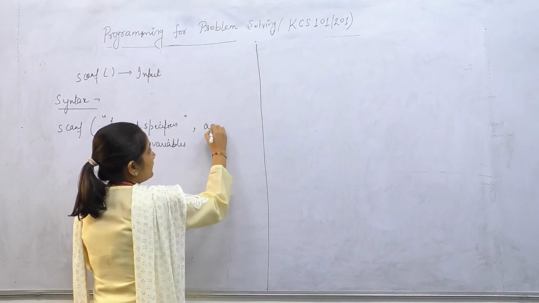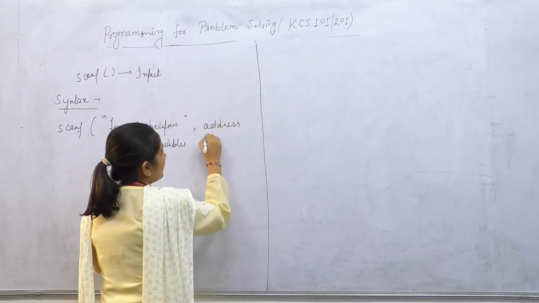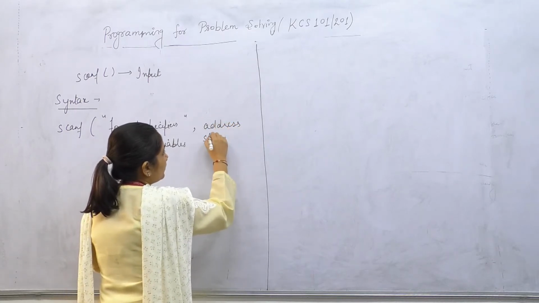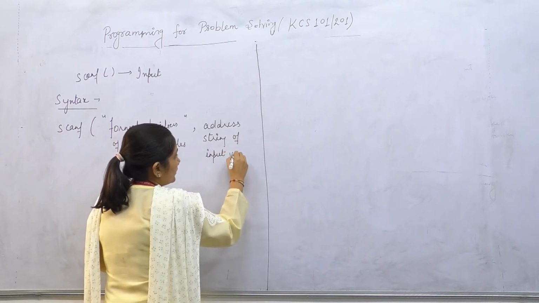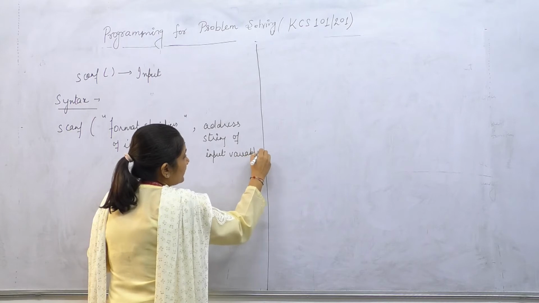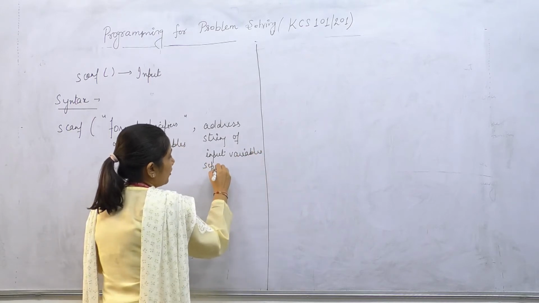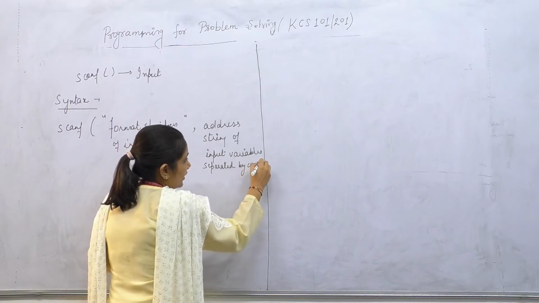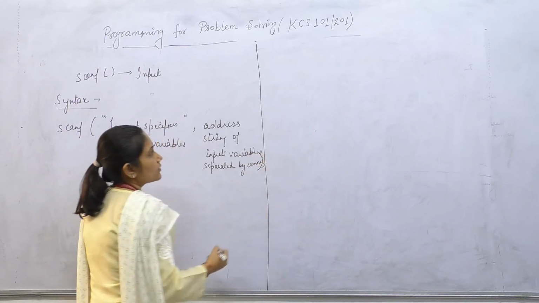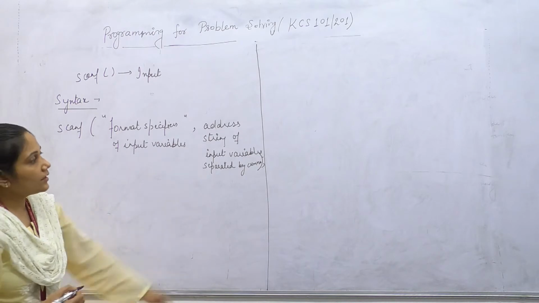Now the address string of input variables, written completely separated by comma, and then close and then semicolon.